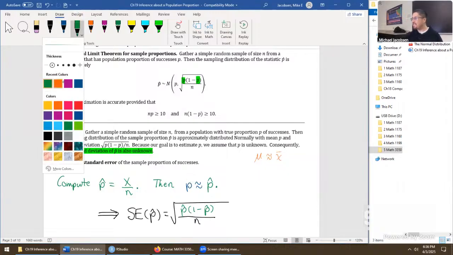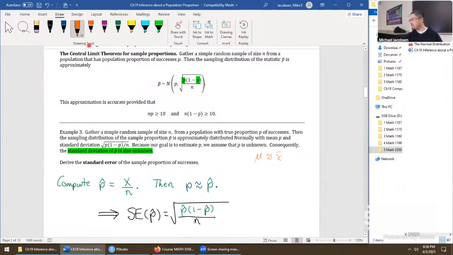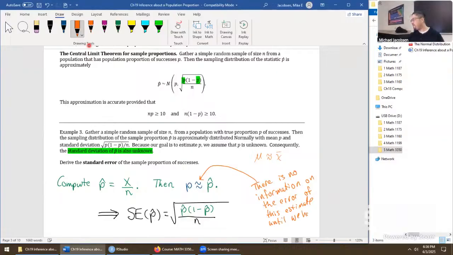And just another reminder, the reason we have to work so hard here is there is no information on the error of this estimate until we have standard error p hat.